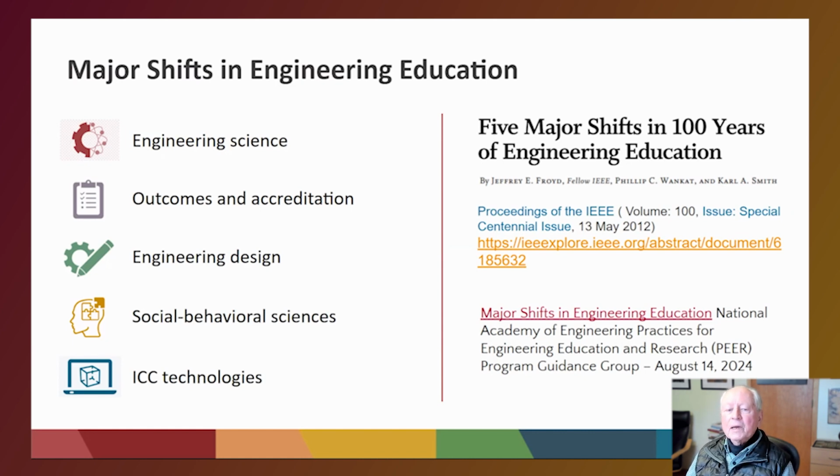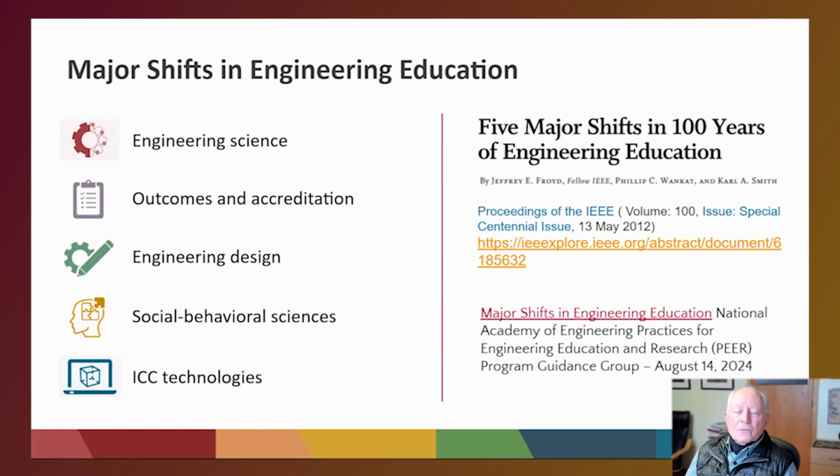I was talking with my colleague Phil Wankat about this writing project, and he is doing a similar project around chemical engineering. So we worked together on it, and then as we continued, it occurred to us that this is an electrical engineering publication. Maybe we should include a double E. So we invited Jeff Froyd to join us.